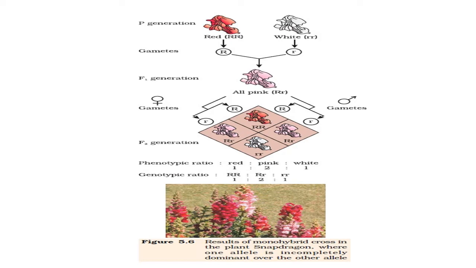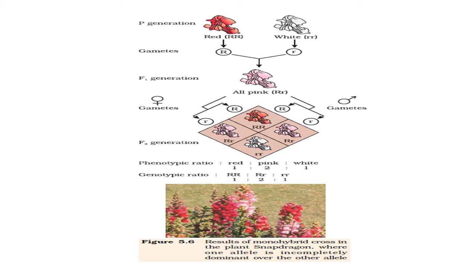The resulting F2 generation shows all three types of flower color. Red color flower, capital R, is also developed. Pink color flower, that means intermediate, capital R small r, you can also see here, and another possibility is the white color flower, which is small r.